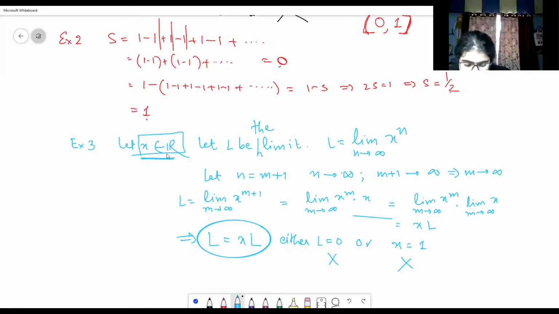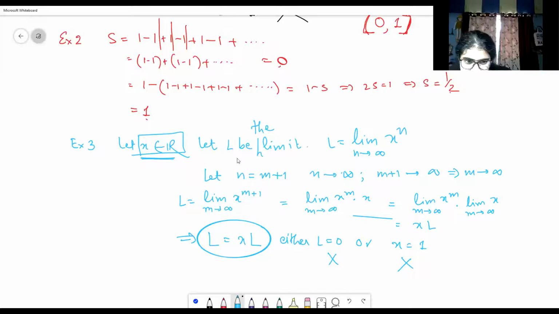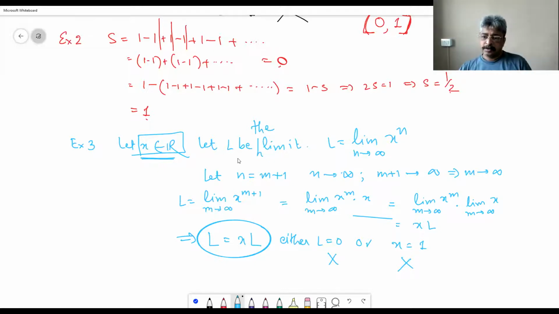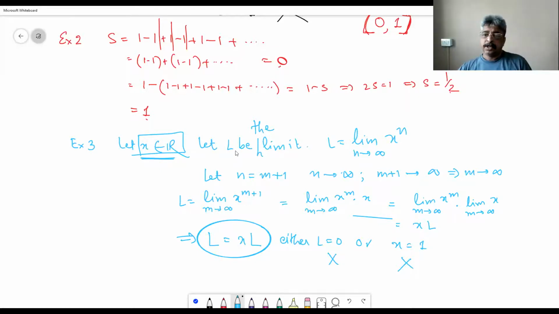But in algebra of limits, when we multiply limits and say that the limit of multiplication is the multiplication of limits, at that time both the limits were convergent, they were specific real numbers L1 and L2. But here, how can we multiply limit of x raised to m as m tends to infinity by x?